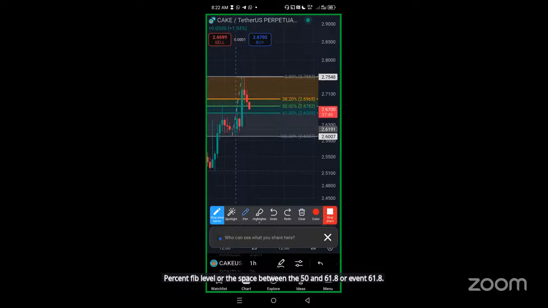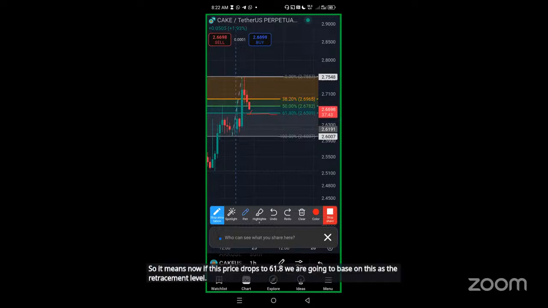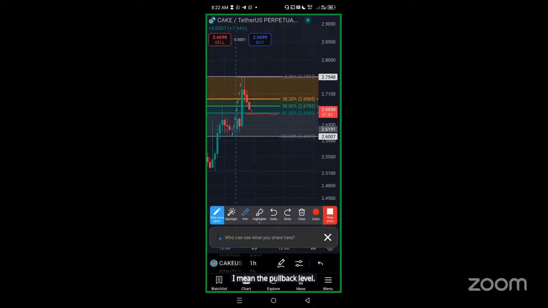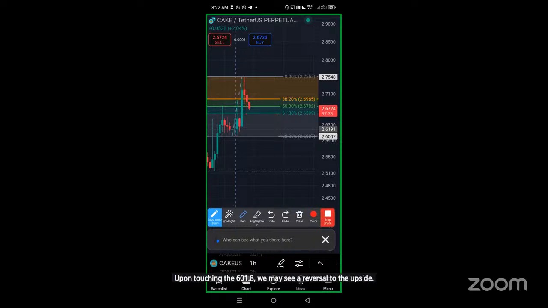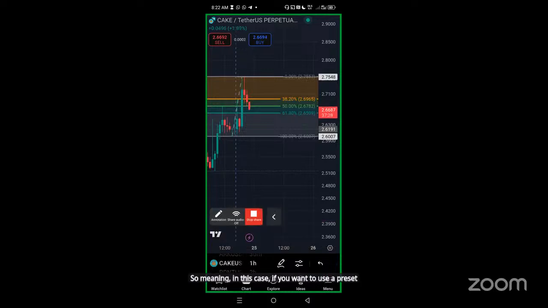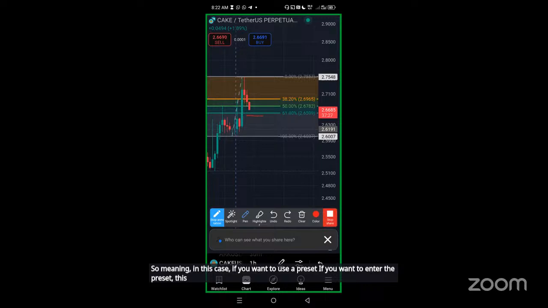So if this price drops to 61.8, we are going to base on this as the retracement level, or the pullback level. Upon touching the 61.8, we may see a reversal to the upside. So in this case, if you want to enter at a preset, this is where you take the 61.8% fib level as your retracement level.